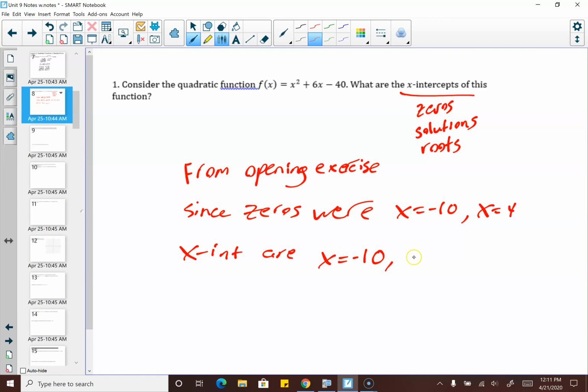X equals negative 10 and x equals 4. Remember, if you know the zeros, if you've solved for them by factoring or by completing the square or the quadratic formula, whichever process you used, if you know what the solutions are, you know what the zeros are, then you know what your x-intercepts are.